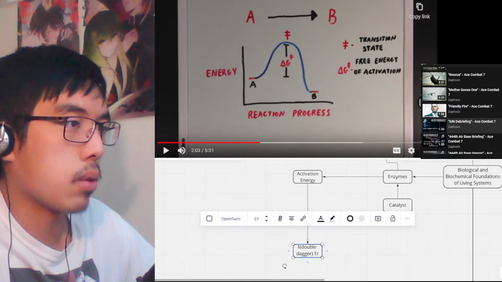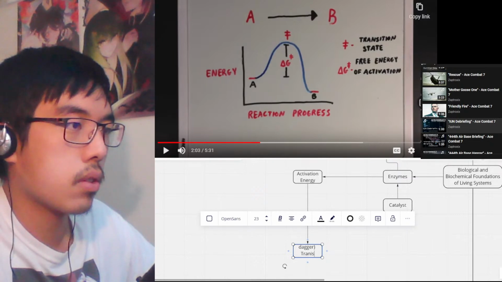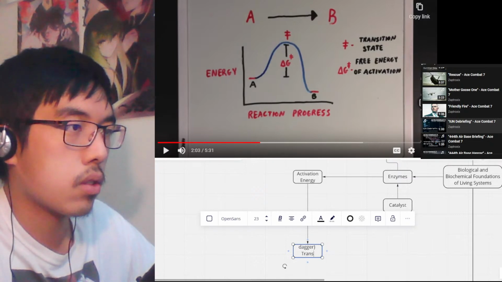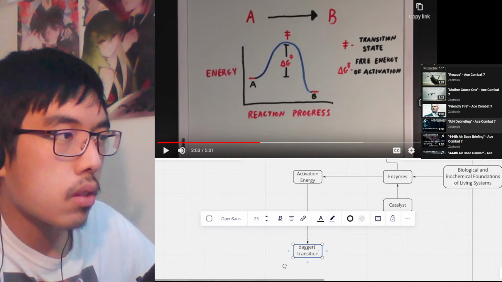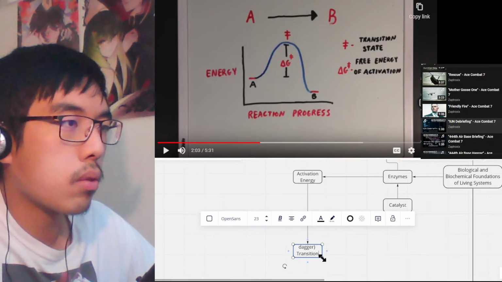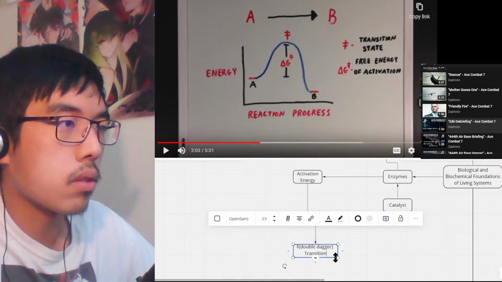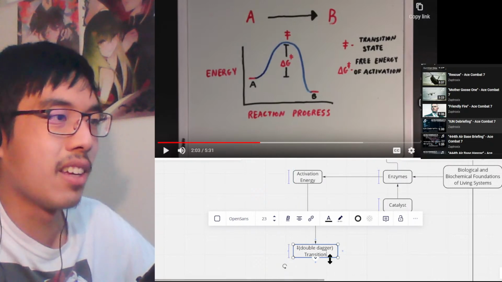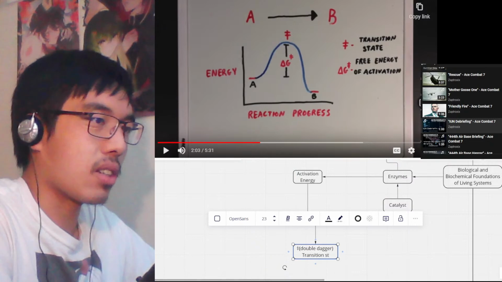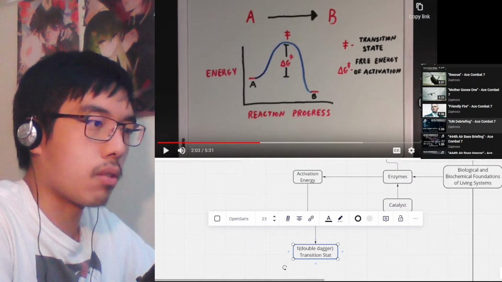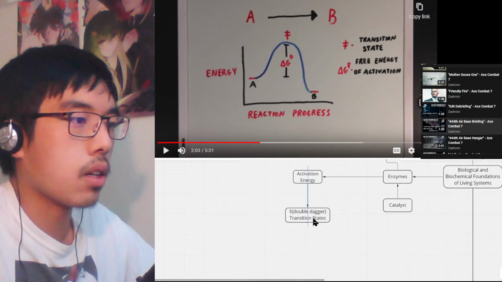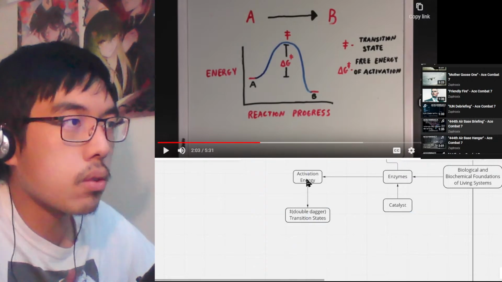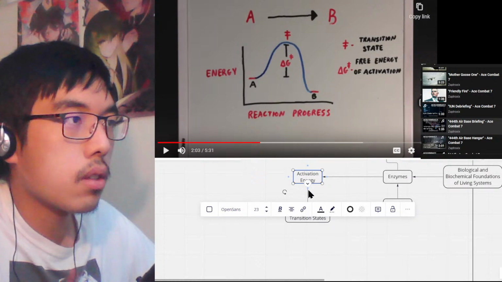And then this represents the transition state, which is the state of the react... Wait, what is that? Is that the state of the reactants in the midst of that reaction, or what are we talking about here?